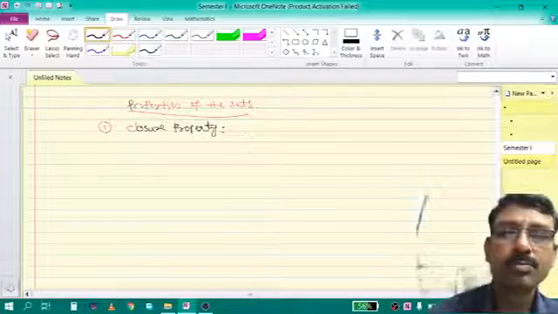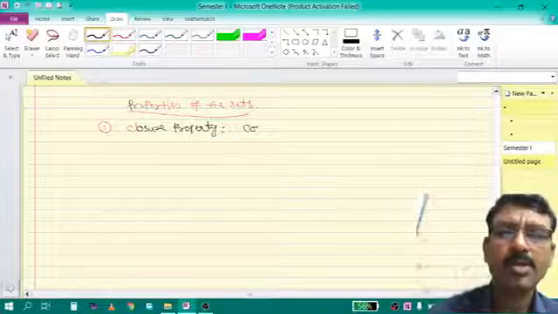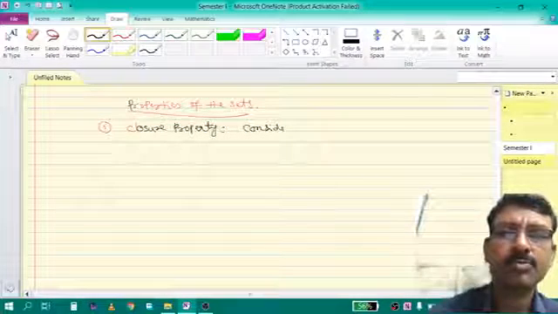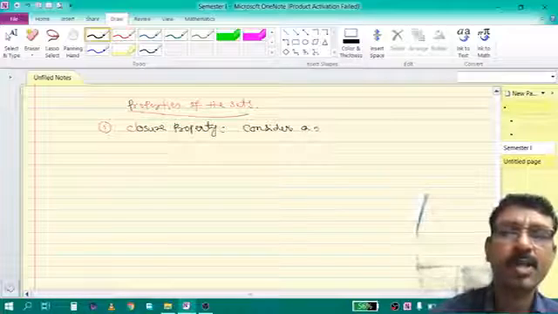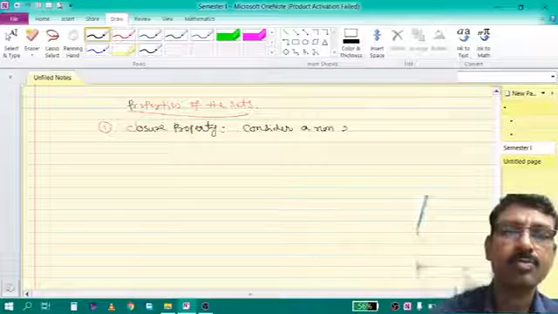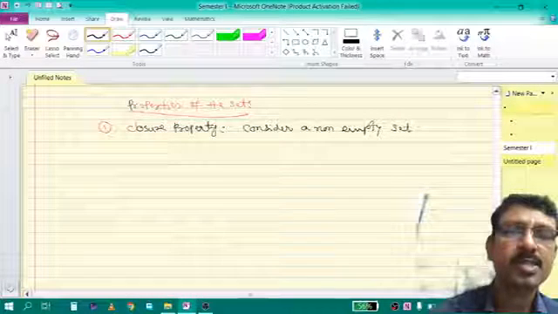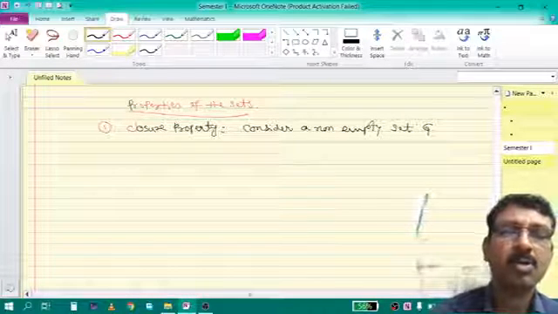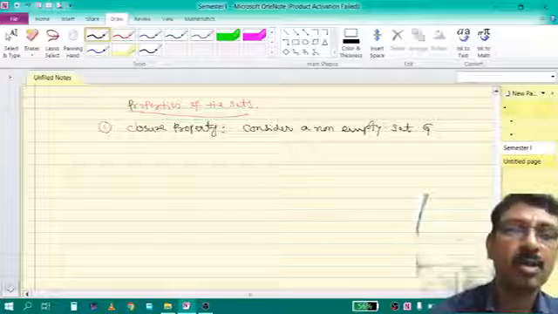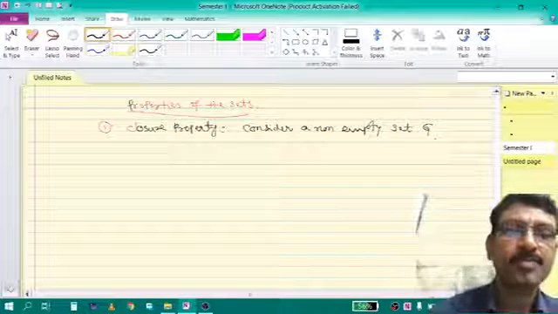Simply consider a non-empty set G, that means G should contain at least one element.